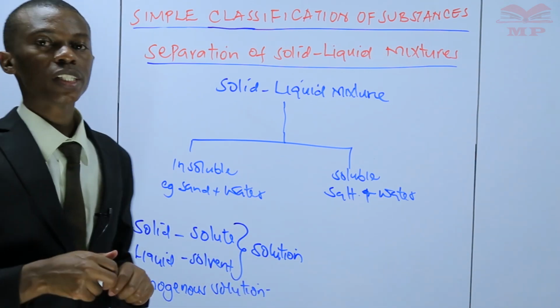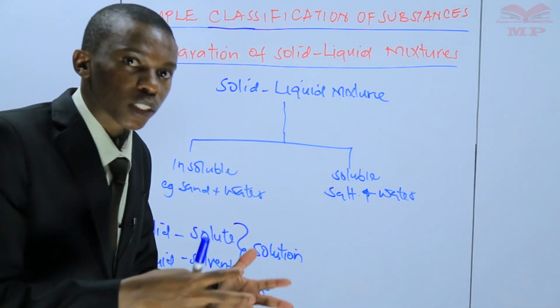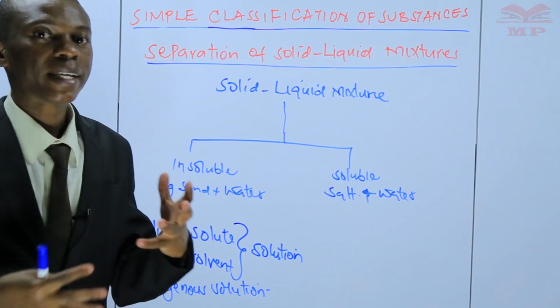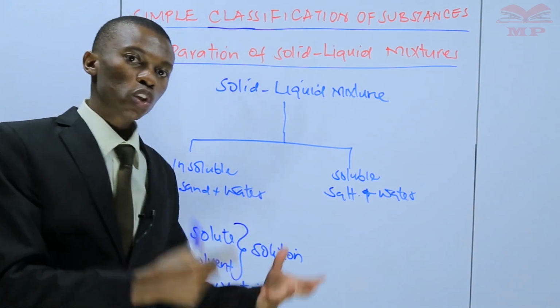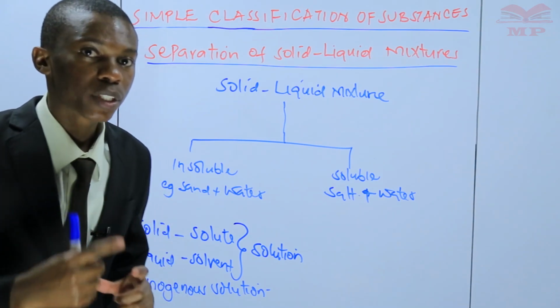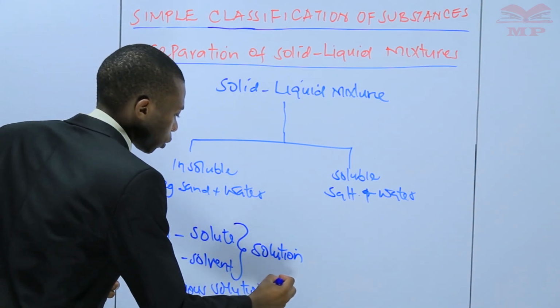A homogeneous solution is a solution where the solute particles and the solvent particles are uniformly distributed in that solution.